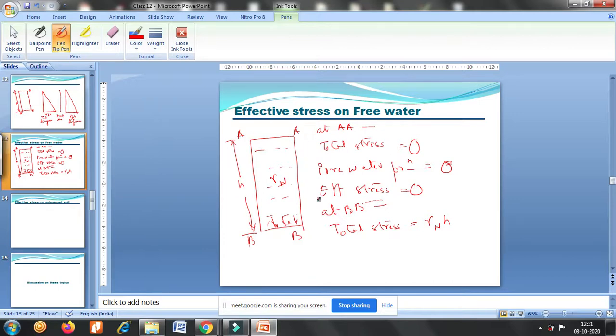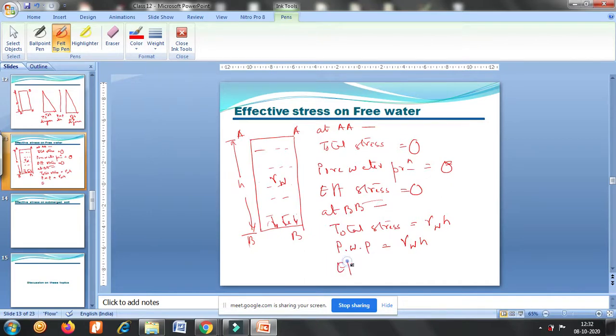Now what is the effective stress? What is the pore water pressure at the depth of H, at BB? Gamma W into H, that is the pore water pressure at BB.